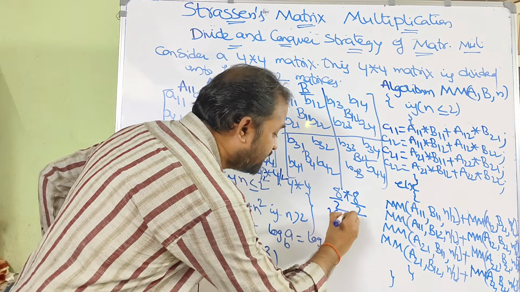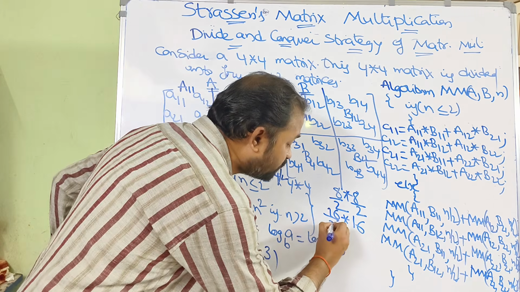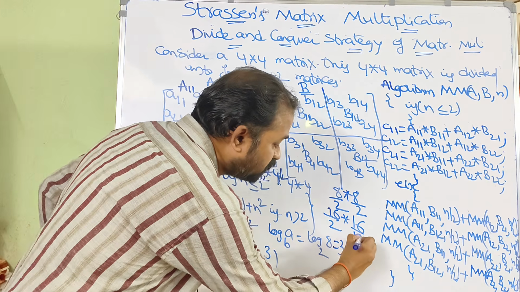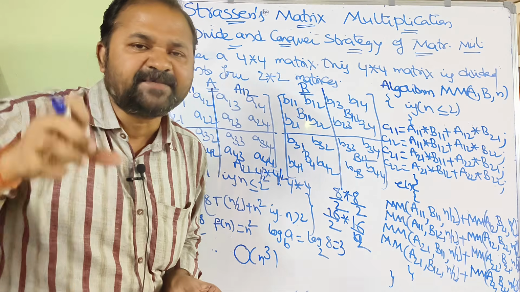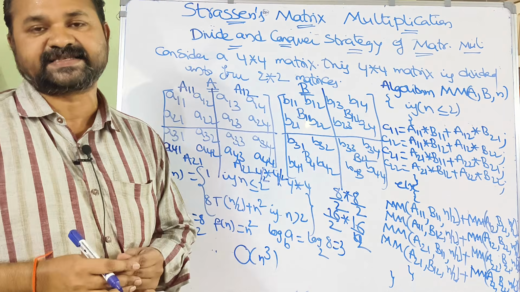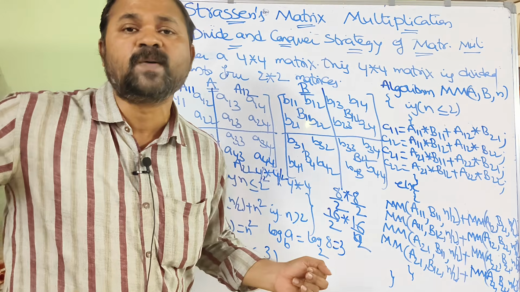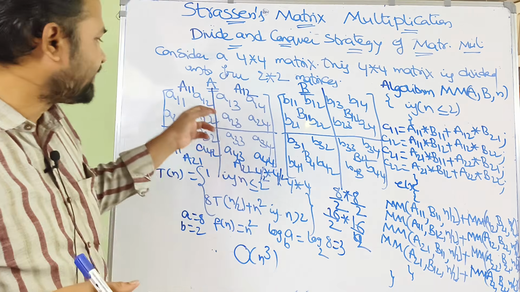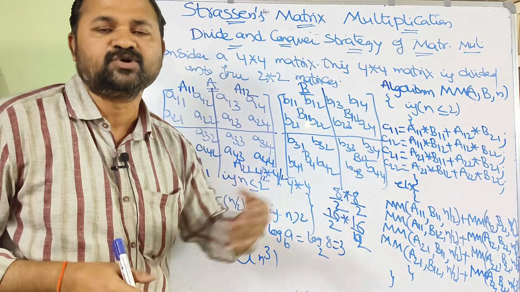Suppose if you have a 16 by 16 matrix, then it is divided into 4, 8 by 8 matrices. Again each 8 by 8 matrix is divided into 4, 4 by 4 matrices. Again each 4 by 4 matrix is divided into 4, 2 by 2 matrices. And then we will treat each 2 by 2 matrix as an element, and then accordingly we will do the multiplication.